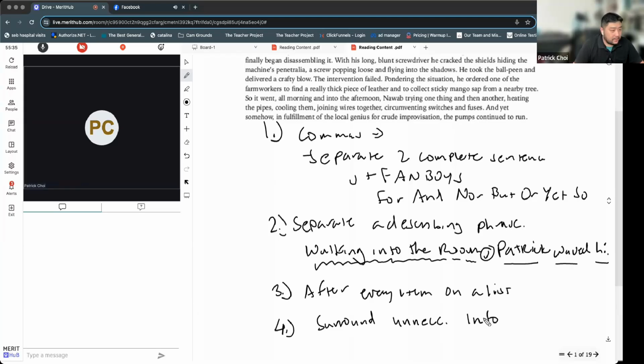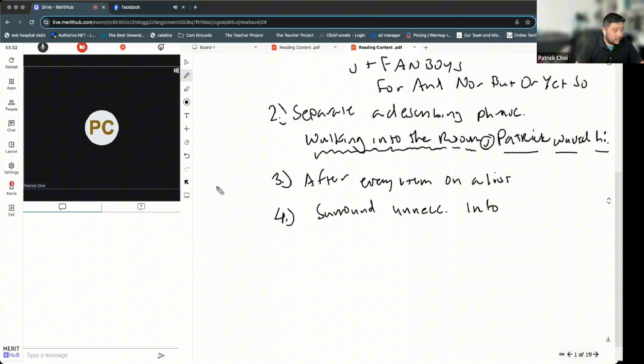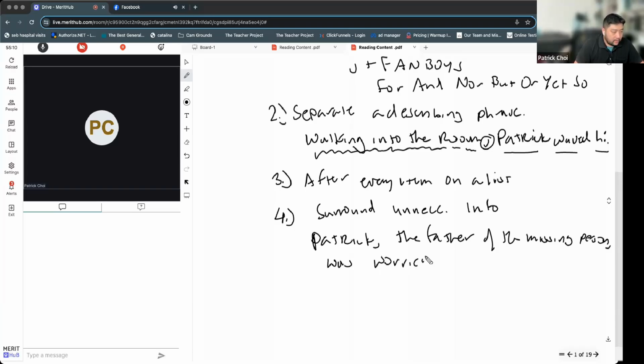The example I can give you is, for example, "Patrick, the father of the missing journalist, or let's just say person, was worried." The actual sentence here is "Patrick was worried."